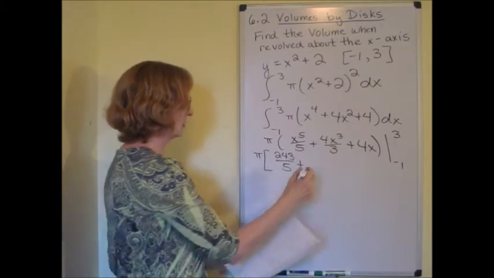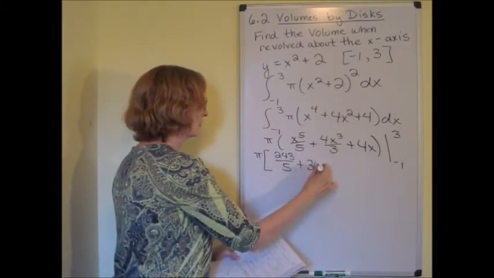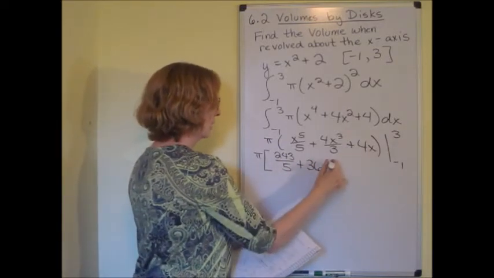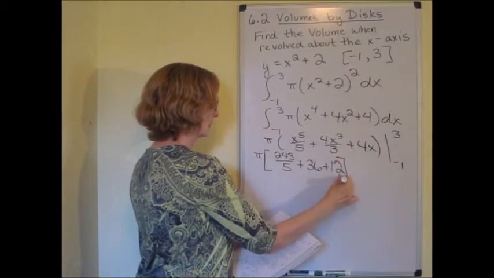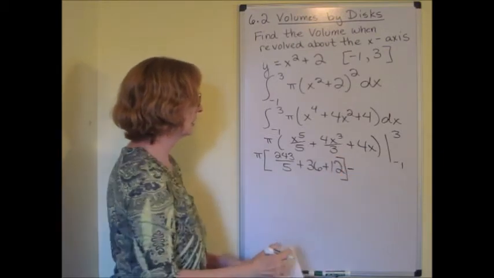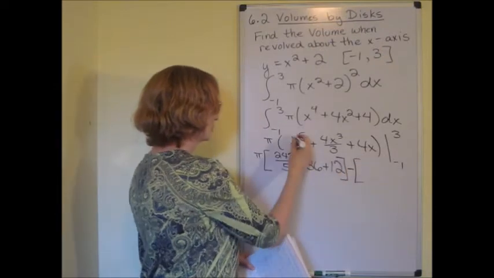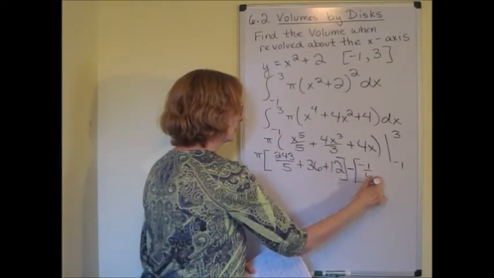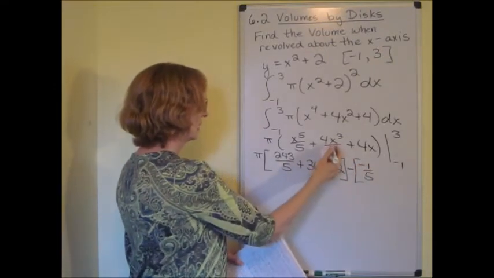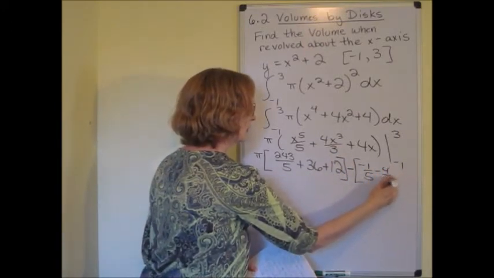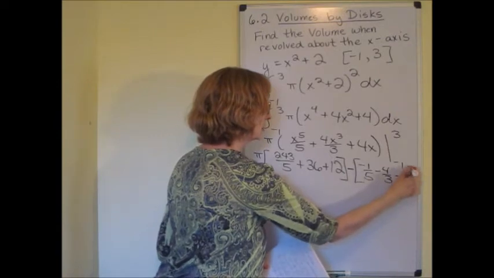That's going to give you 36. Plus, 4 times 3 is 12. Minus, and now we plug in our -1, which will give us -1/5, -4/3, and a -4.